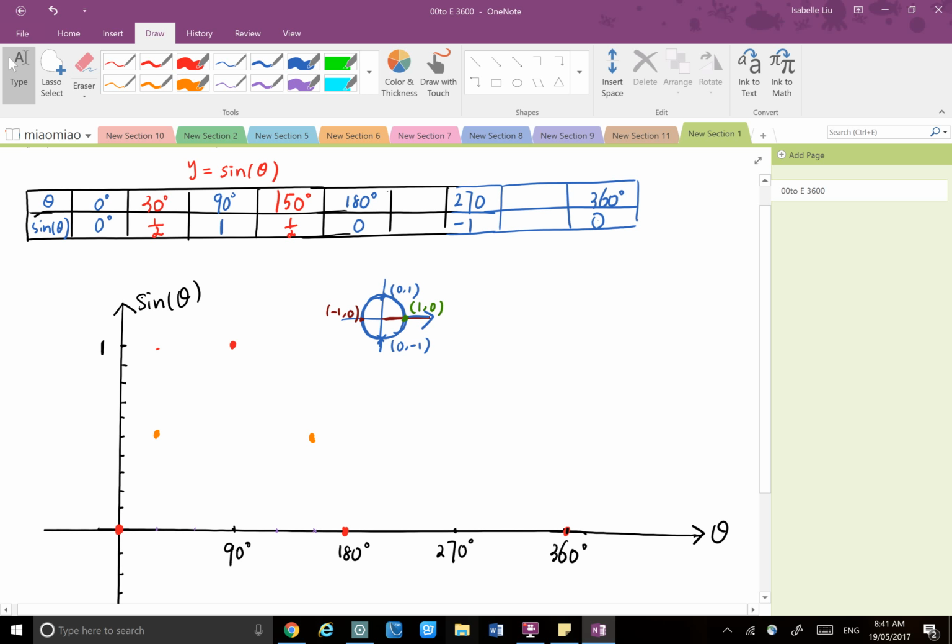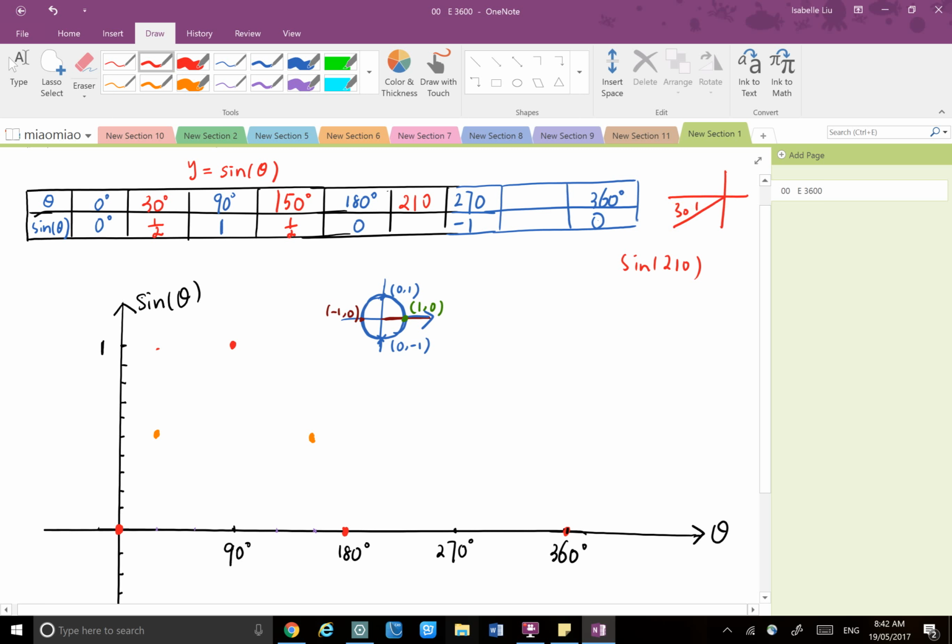In between 180 and 270, let's make 210. What does sine 210 give you? Calculate that. Negative half. 210 is here.